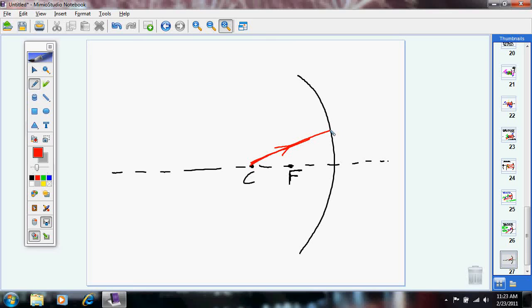Zero angle of incidence. Therefore, if it hits the mirror head on, because it's right on the normal line, how's it going to reflect back? It's hitting the mirror head on. Like if you throw a tennis ball and the tennis ball hits the surface flat, head on, it's going to go right back where it came from.